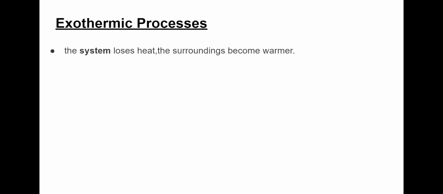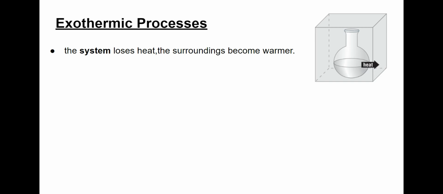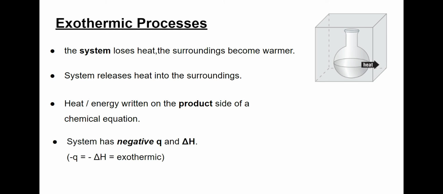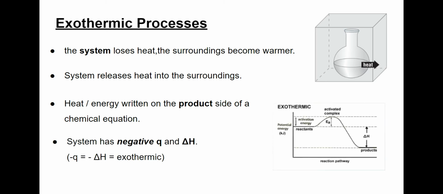In an exothermic process, the system loses heat and the surroundings become warmer. And like in our diagram, the system releases heat to the surroundings. Heat and energy are written on the product side of a chemical equation. And the system has a negative Q or delta H.